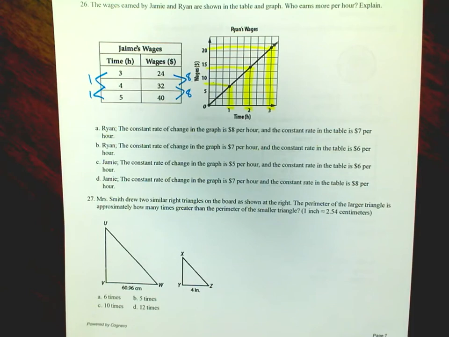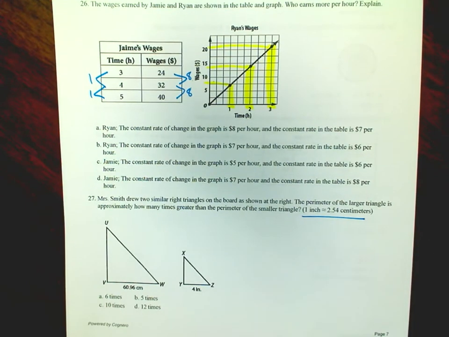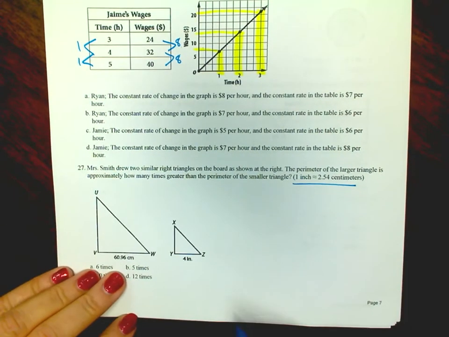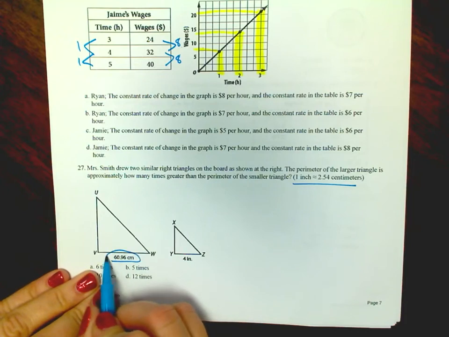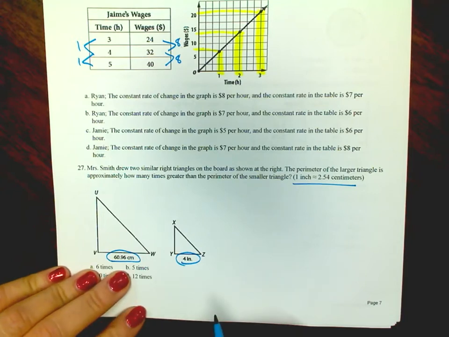27. Miss Smith drew 2 similar right triangles on the board as shown at the right. The perimeter of the larger triangle is approximately how many times greater than the perimeter of the smaller triangle? And then they give you your key. So I want to convert this to inches, or inches to centimeters, because you need them the same to compare.